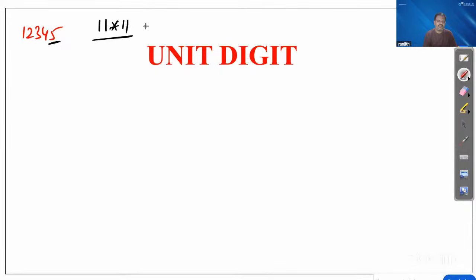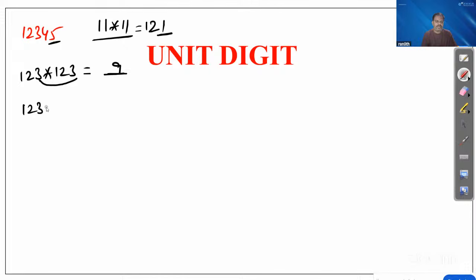What is the value of 11 into 11? 121. What is the units place? 1 is the units place. 123 into 123. What is the units place? We are not finding the total number. We are finding only 3 threes are 9, which is the units place.